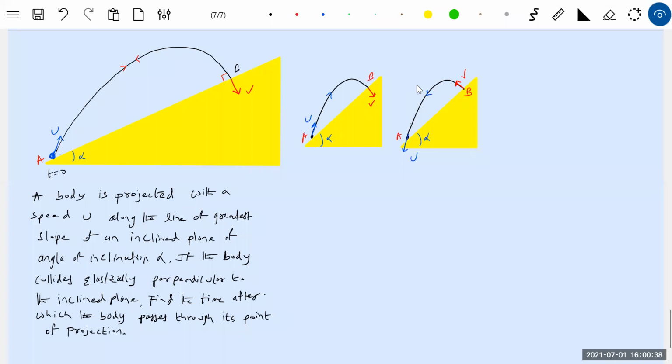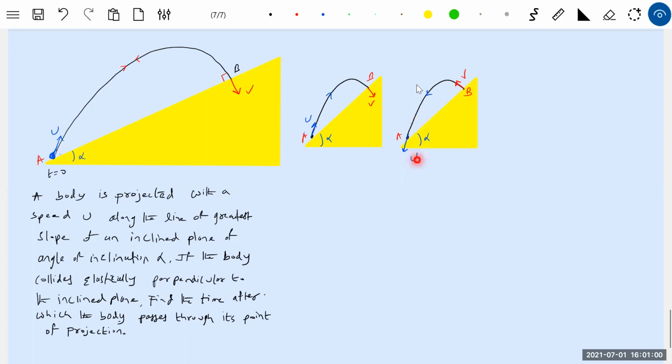That's the primary question. Sir, here there is retarding motion, and while descending there is accelerated motion. How come you are showing that it will strike with the same speed U?